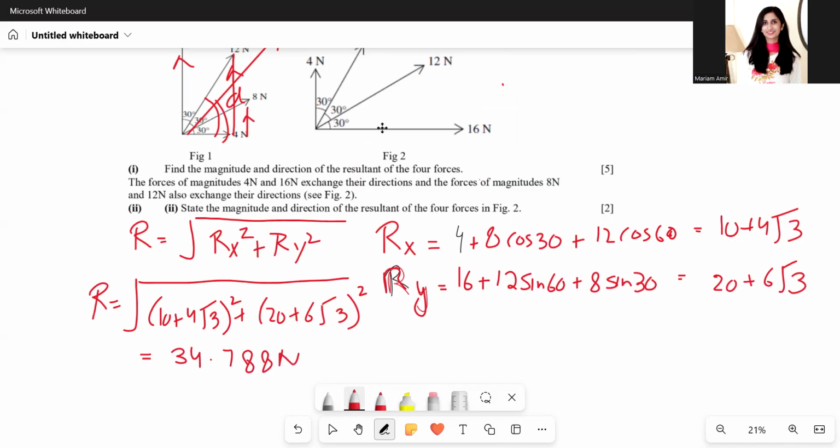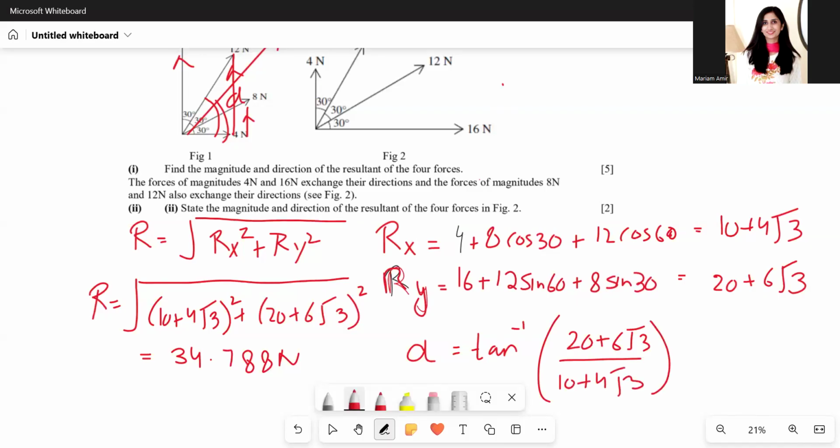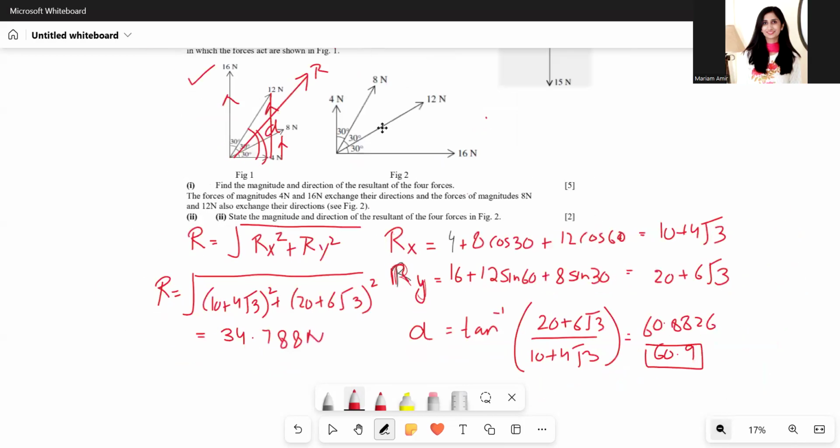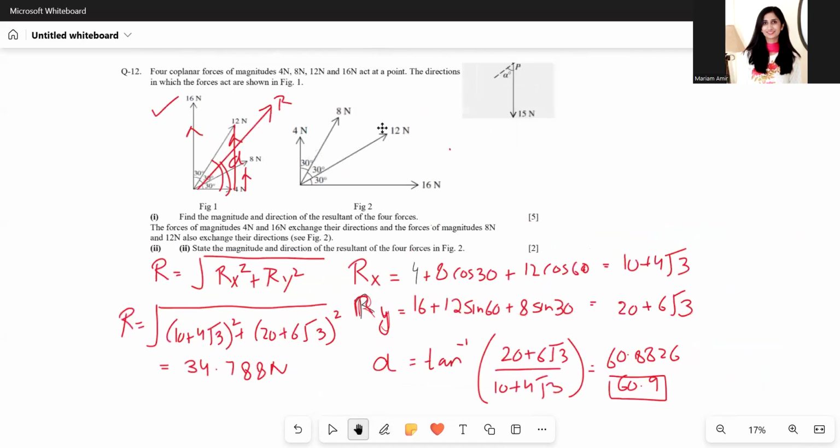And alpha is tan inverse of Ry upon Rx. Ry is this, Rx is this. Now enter the values in the calculator and you should get 60.8826, rounded to 60.9. Okay, so the first part is done.